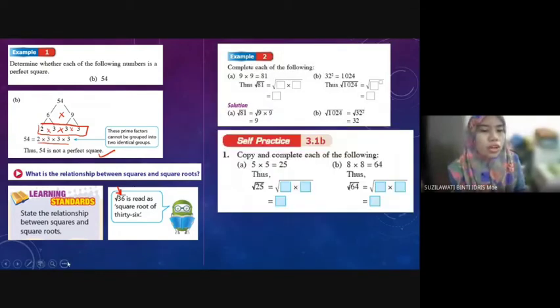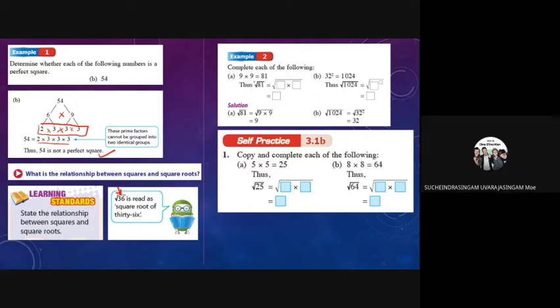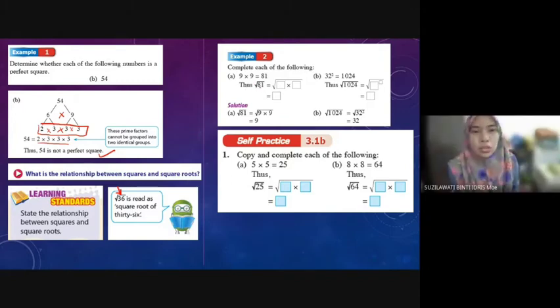Look at example 2. Complete each of the following. 9 multiplied by 9 equals 81. Thus, what do we call this? Square root of 81.